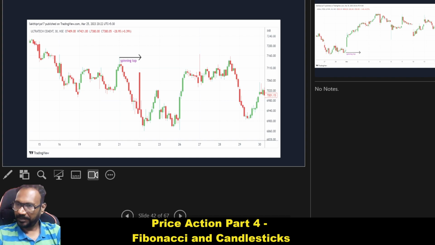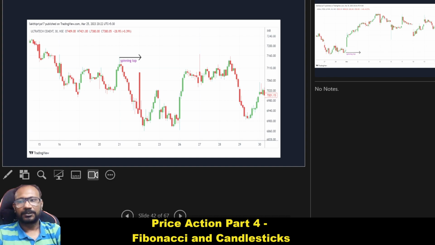It is not a confirmation, it is only an indecisiveness being felt. So you have to wait and see what's happening in the subsequent candles to read and interpret better. So the moment you see a spinning top doesn't mean that you have to enter into the put side. It is saying that it is indecisive at this point.